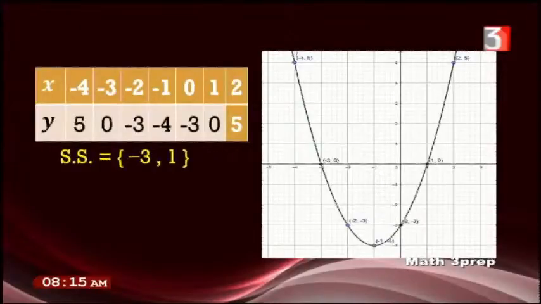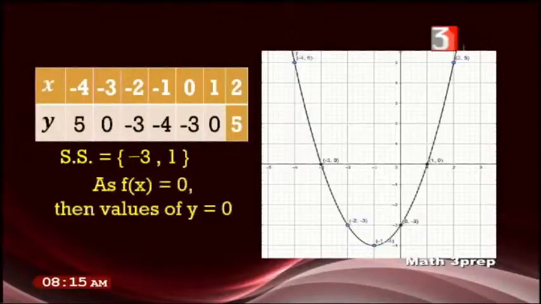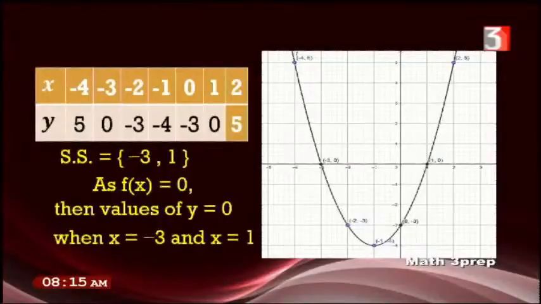So in this case, we can say that the solution set of this equation is {negative 3, 1}. Then, as f of x equals 0, the values of y equal 0 when x equals negative 3 and x equals 1. And this is what is meant by the solution set of the equation.